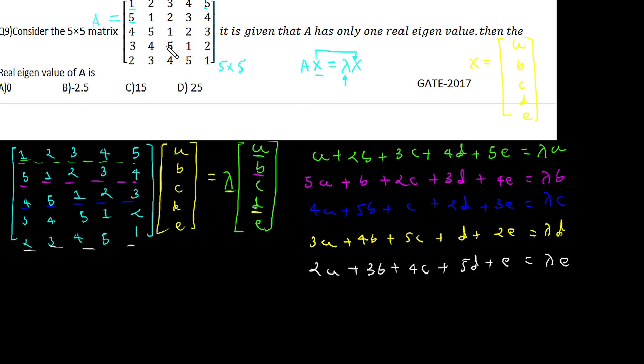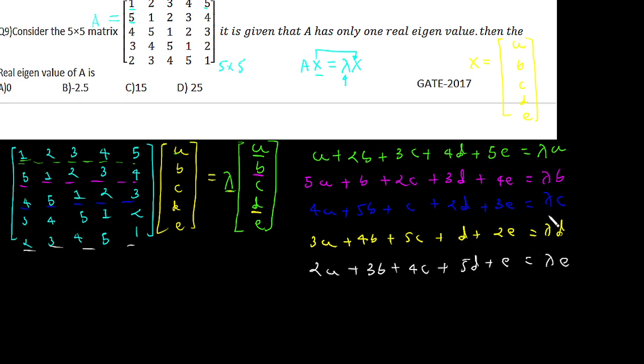So due to this arrangement of numbers, if we add all 5 equations, look at here: we have 1 times a, here 5 times a, so we get 6 times a, plus 4 times, so 10 times, plus 3 times, so 13 times, plus 2, so we get 15 times a. And in the same order we get 15 times b, 15 times c, 15 times d, and 15 times e.